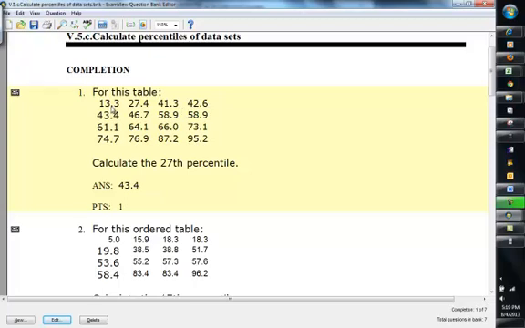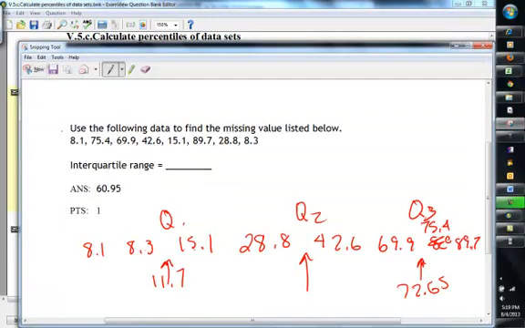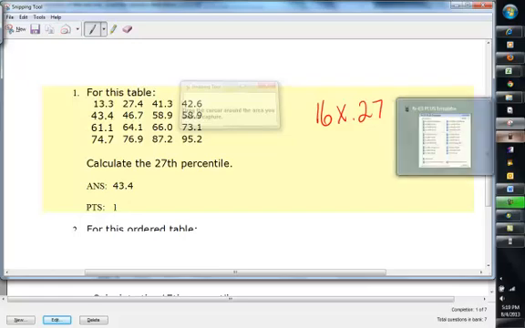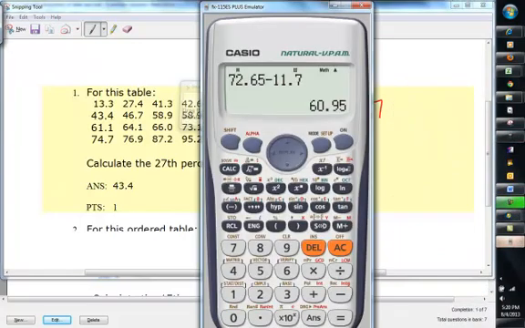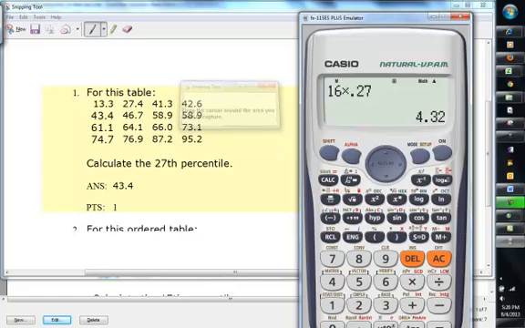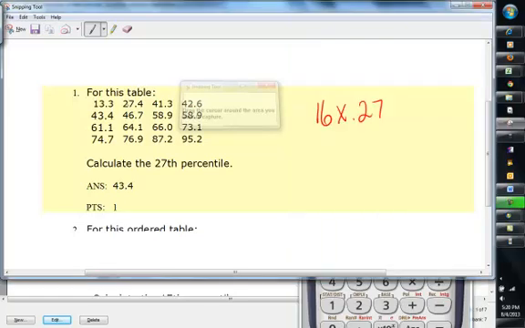The 27th percentile, well, there are 16 different values times 0.27. 16 times 0.27. So we are looking for the one after the fourth value. So it's more than 4 values. 1, 2, 3, 4. The one after that is 43.